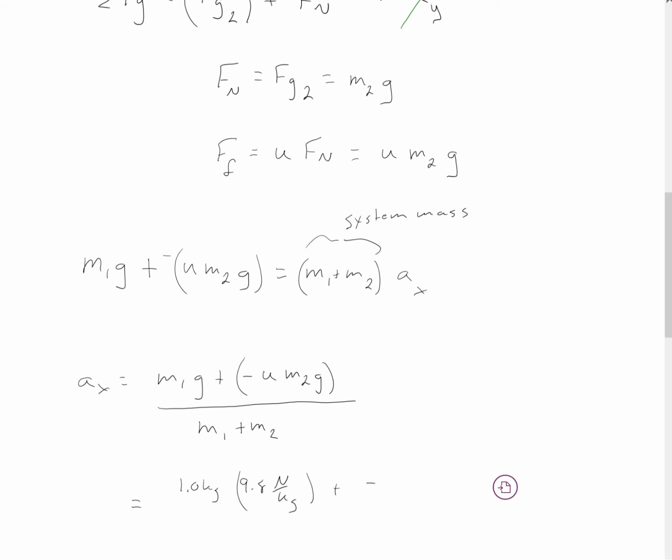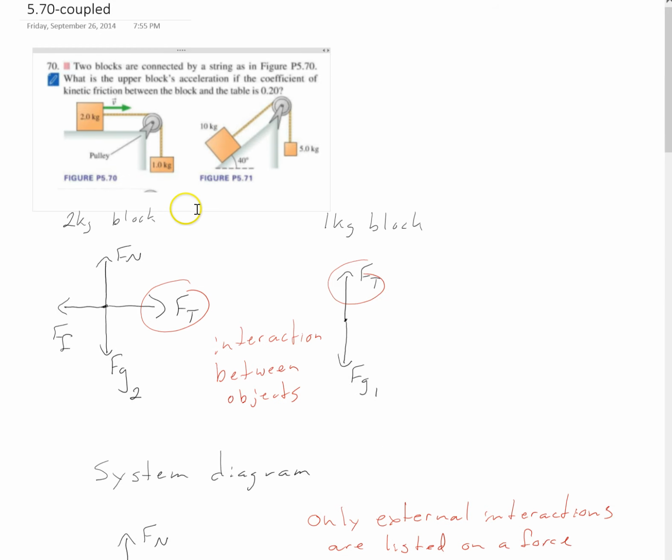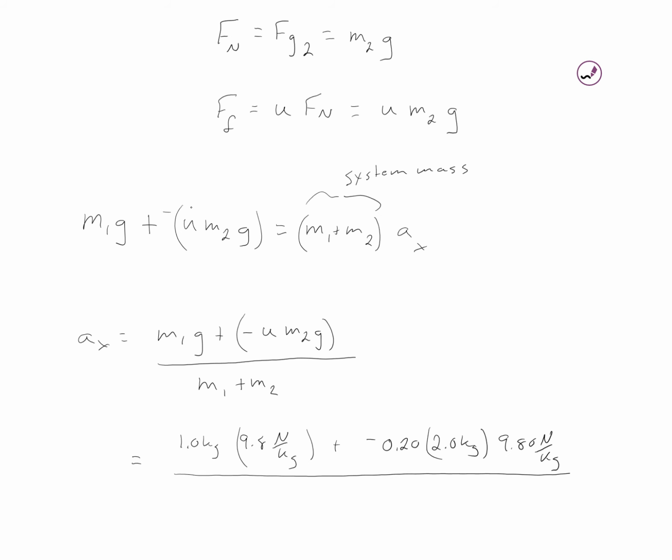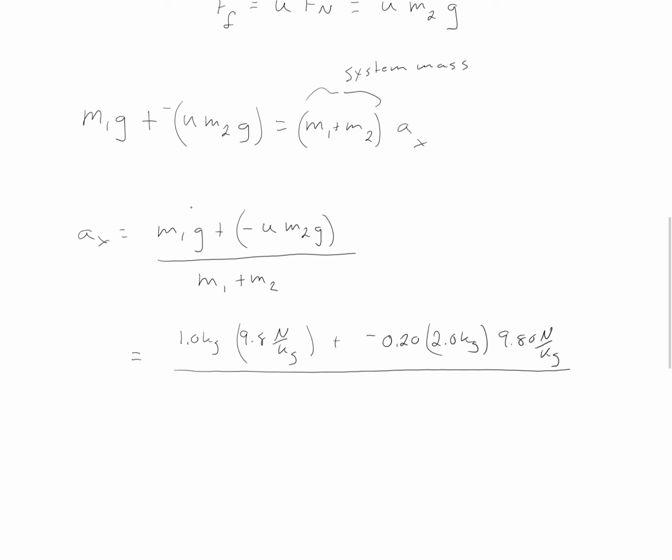0.20. That was your coefficient of friction. 2 kilograms is the block mass. 9.8 newtons per kilogram, Earth's gravitational field, or you could think of it as an acceleration, however you like to think about it.